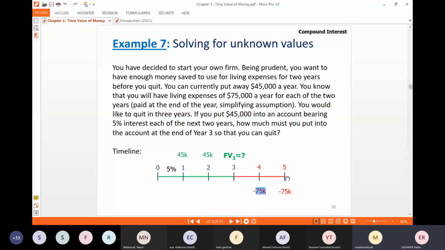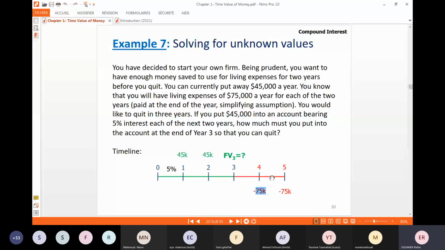If you choose the date 5, you will move all the amounts to the date 5. It will be 45,000 times 1 plus 5% power 4, plus 45,000 times 1 plus i power 3, plus the unknown amount future value 3 times 1 plus 5% power 2, minus 75 times 1 plus 5% power 1.